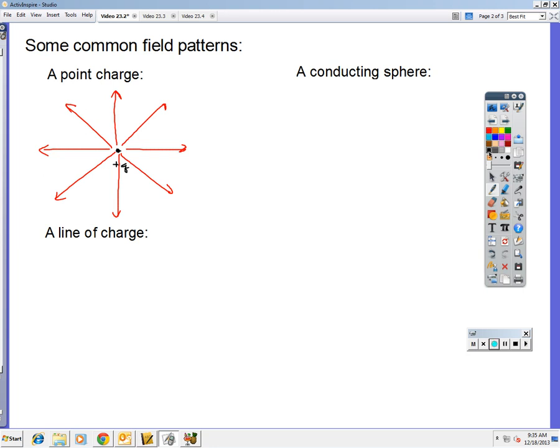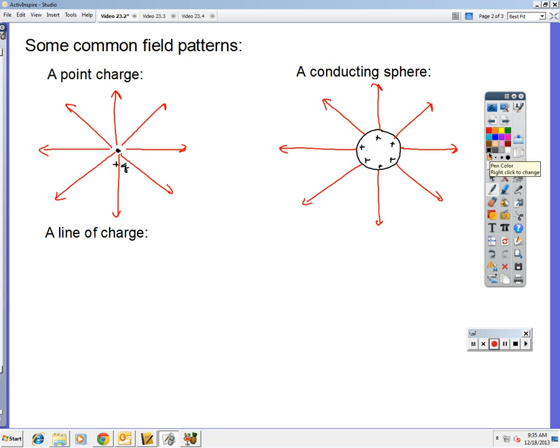If you have a conducting sphere with positive charges on it, remember all those charges reside at the surface of the sphere, so the field lines will start at the edge of the sphere and point outwards. And it looks just like the fields of a point charge, except that inside the sphere there is no field at all.